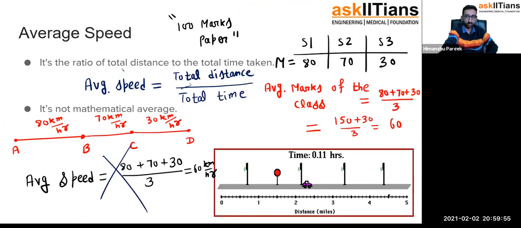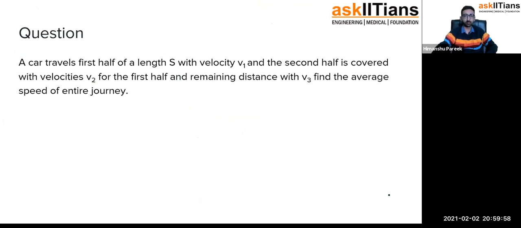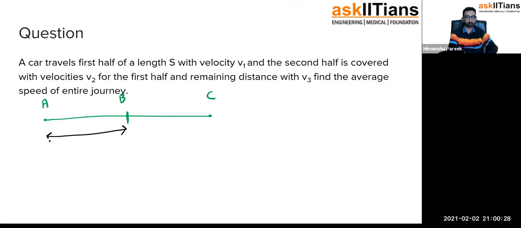Okay, so now let us do one question. Doing a question is very easy in physics because you just need to understand the terms: total distance upon total time. Here it is given that a car travels half of a length with speed v1. So the total length is S. Let us mark a few points A, B, C. From A to B, the car travels with the speed v1.